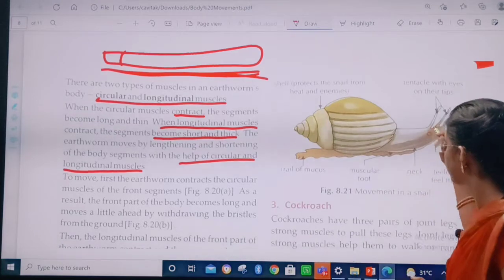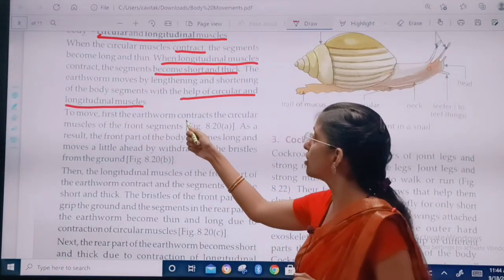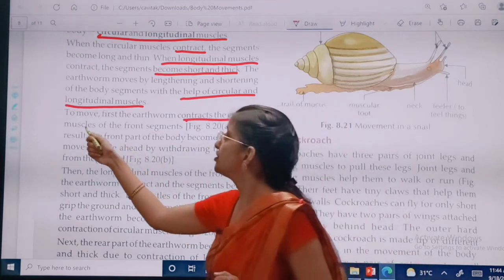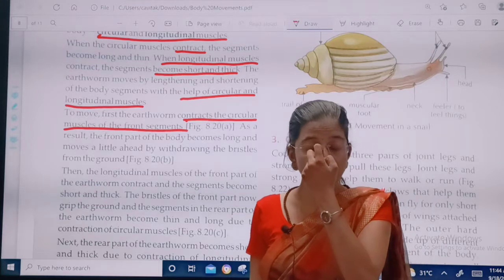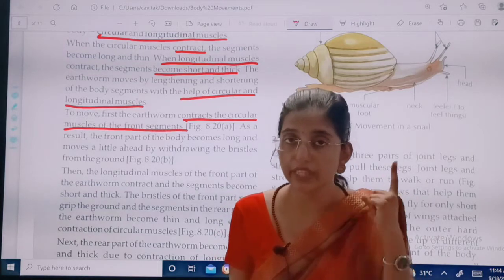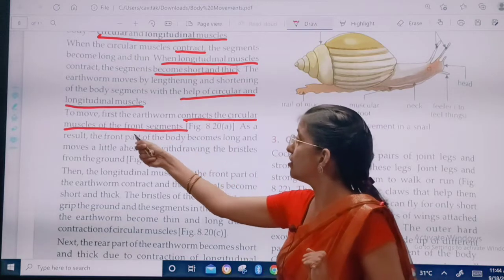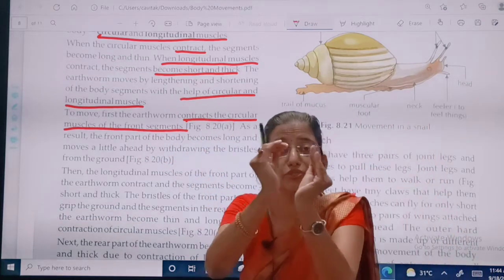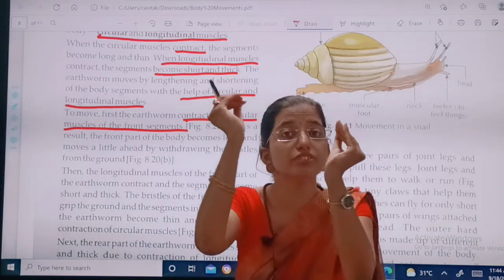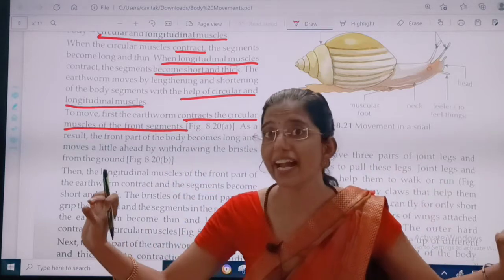So to move, first the earthworm contracts the circular muscles of the front segment. If the earthworm wants to move, the first thing it will do is contract the circular muscles of the front end. And when the circular muscles contract, the segments will become long and thin.